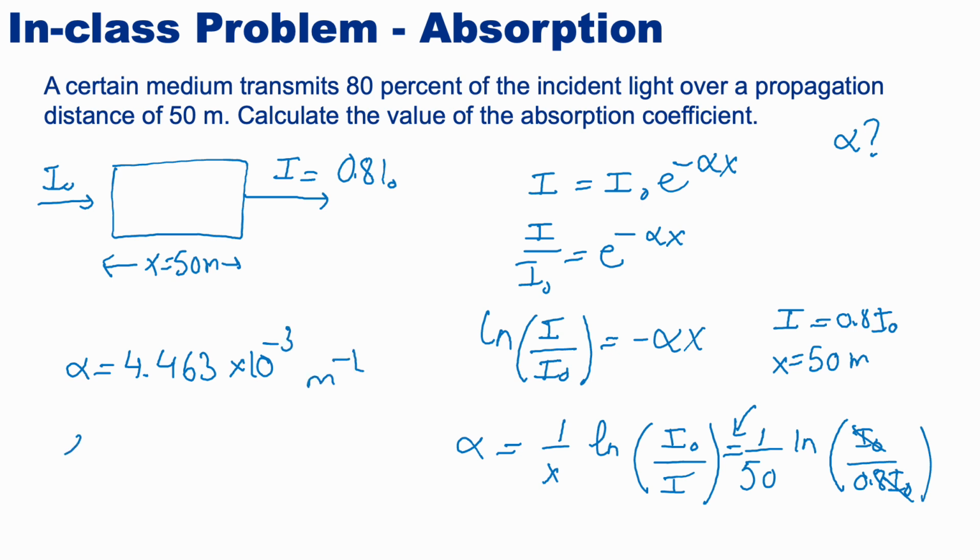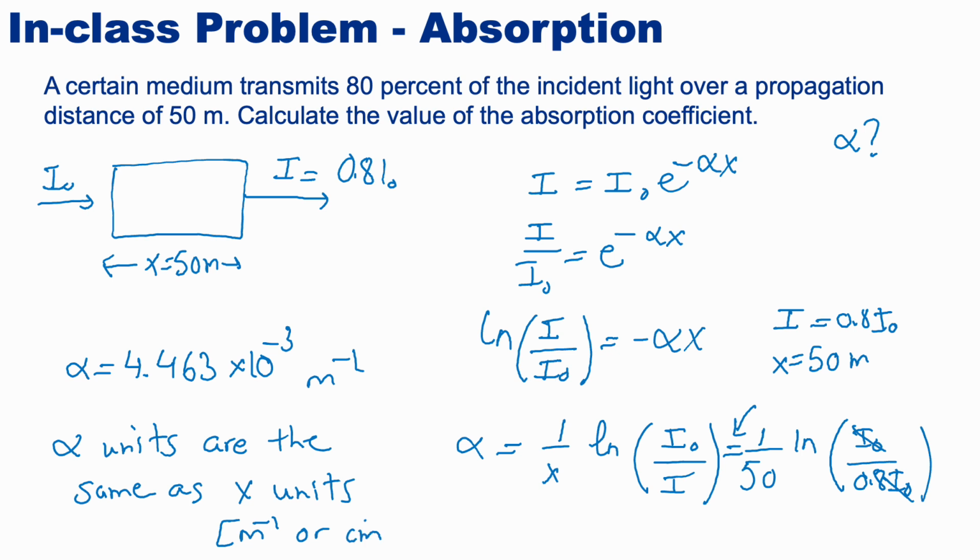So remember, the alpha unit should be the same as the x unit, and always it's going to be inverse meters. Sometimes we want to express it as an inverse centimeter, but it's always a distance, so it needs to be in meters.